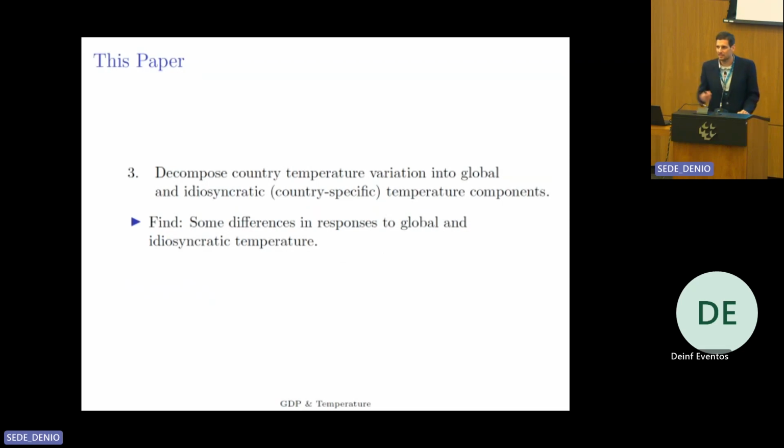What you'll see is that in many cases these go in the same direction. Maybe they'll both be negative for a country, whether idiosyncratic or global. But we're also going to see in some countries that they go in opposite directions. So they're not responding the same to an idiosyncratic or country-specific change relative to a global temperature change.